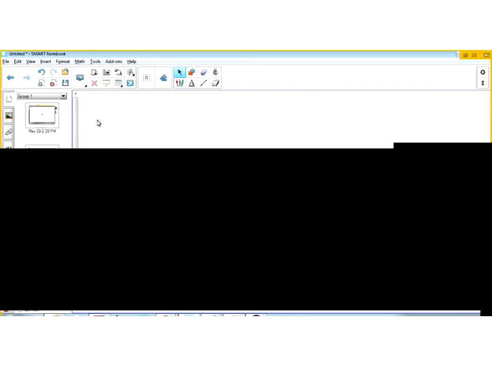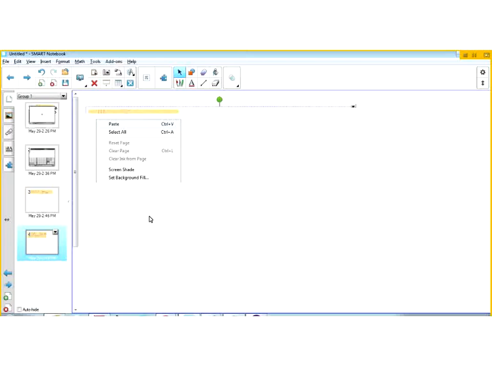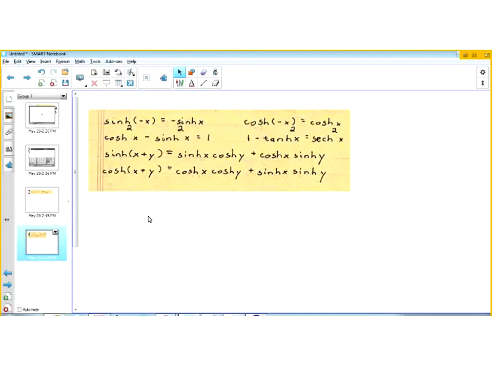Some identities we might want to consider would be like showing that the hyperbolic sine function is an odd function. And you can just deduce that from the graph. But if you want to prove it more rigorously, just use the definition. So let's prove that the hyperbolic sine function is an odd function.